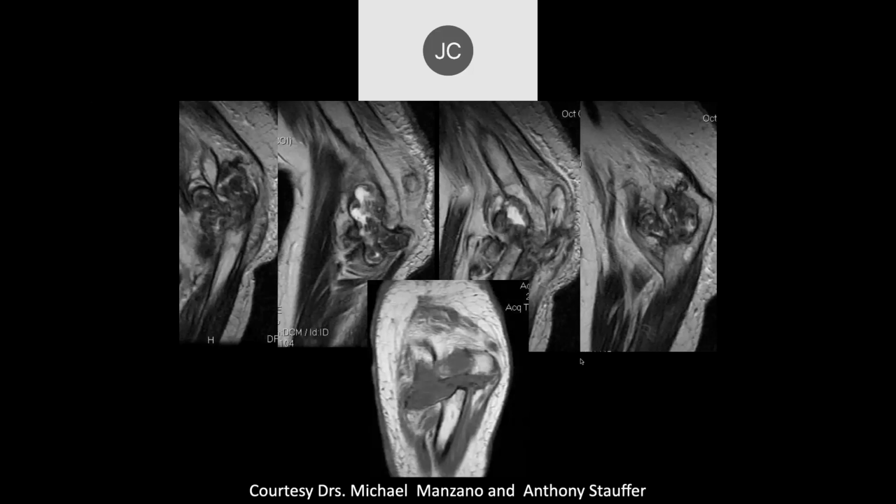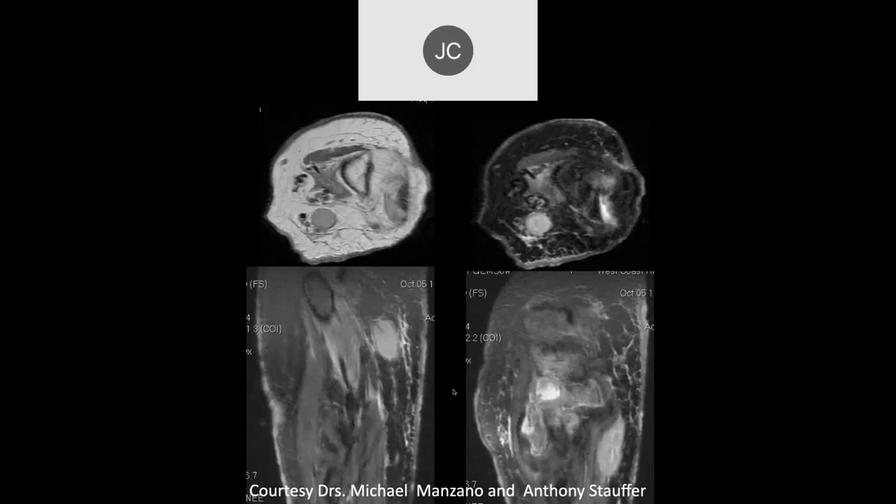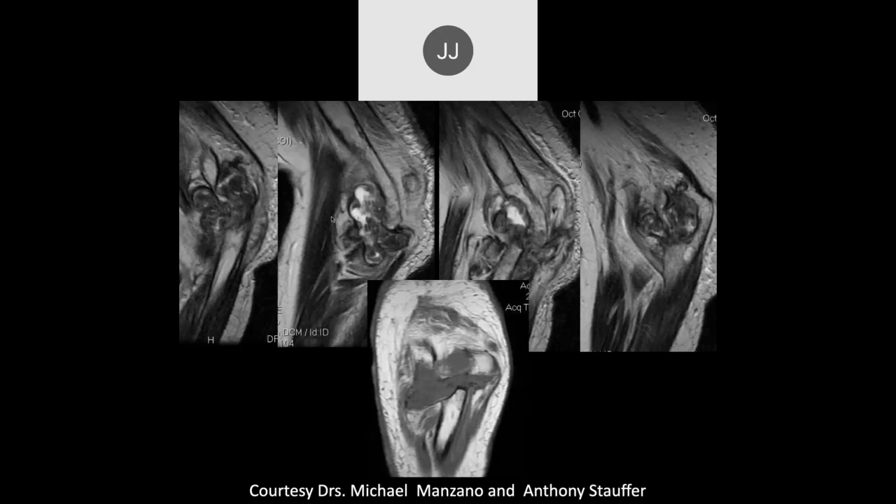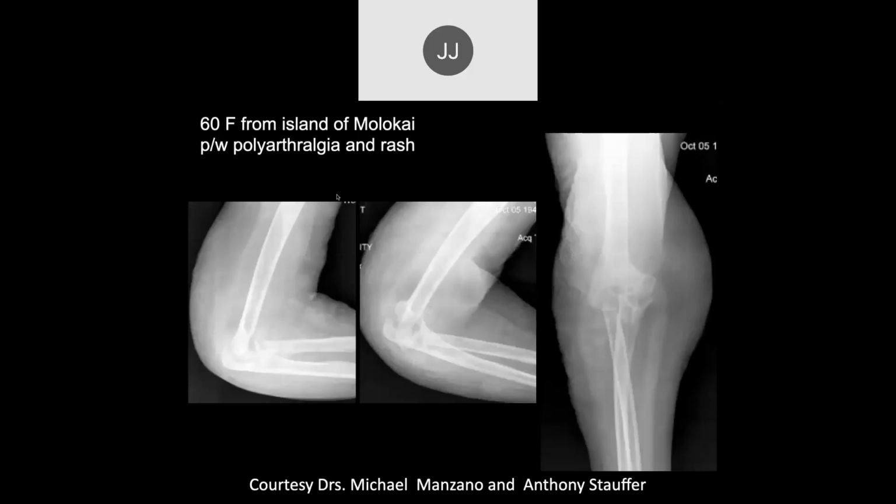It looks like pretty extensive destruction of that joint. A lot of synovial debris and thickening in there. I want to say we have TB. It's actually similar to TB. Molokai, do you know what Molokai is?